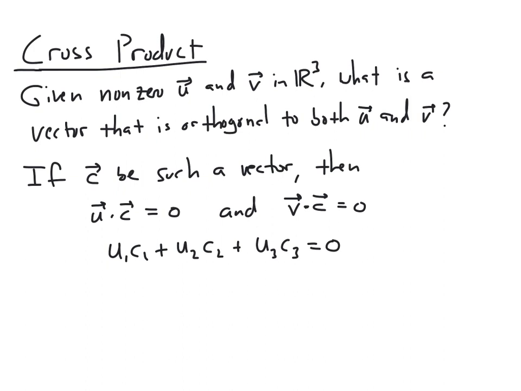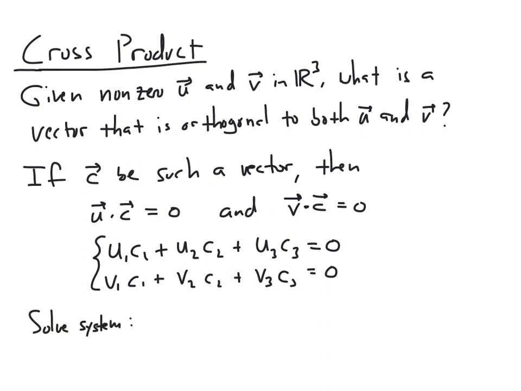And v dot c is v1 c1 plus v2 c2 plus v3 c3. And so we have this system of equations where we think of c1, c2, and c3 as our variables, and u1, u2, u3, v1, v2, v3 as just our coefficients. And then we can solve this system. This is just algebra.